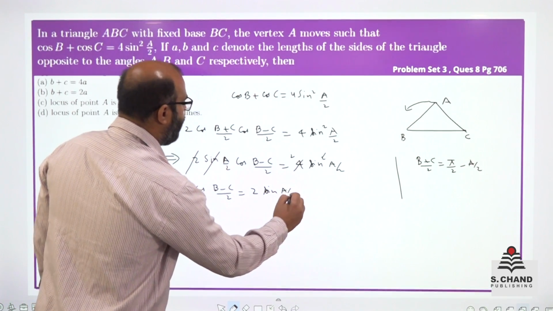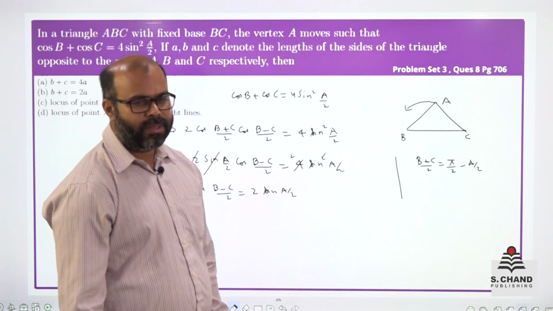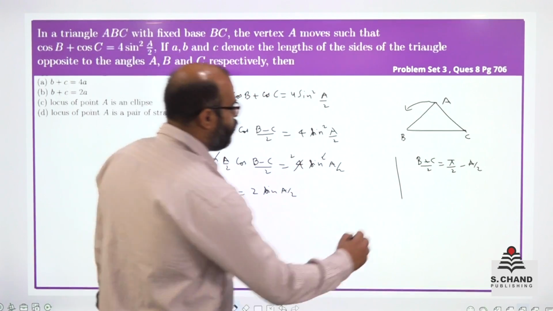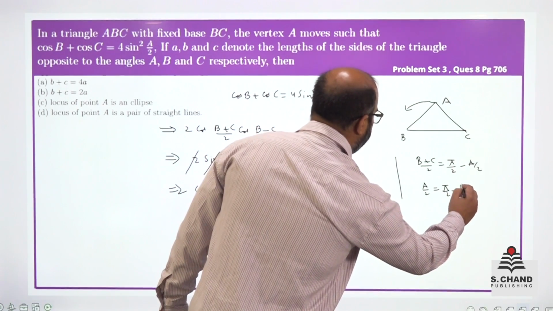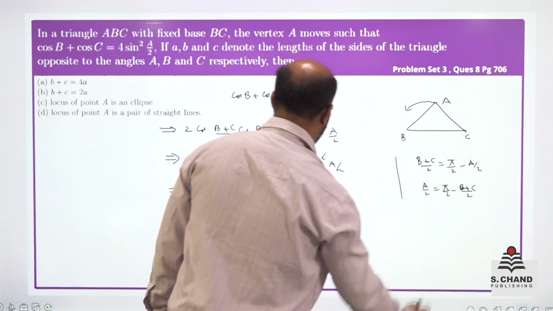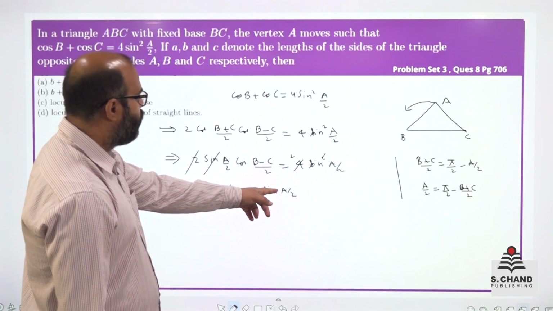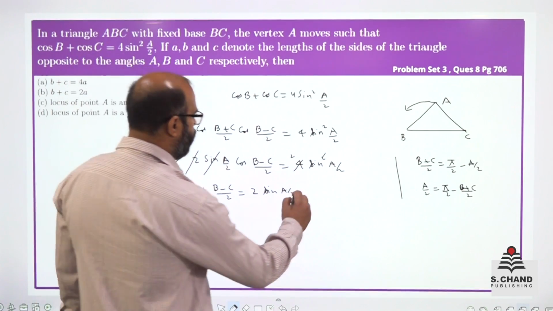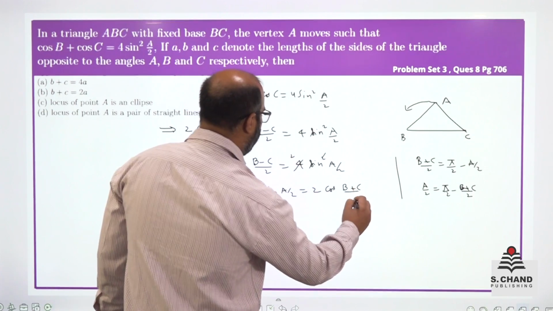Now what is sin A by 2? Again, A by 2 is pi by 2 minus (B plus C)/2, so sin A by 2 will become cos of (B plus C)/2. So this is 2 cos of (B plus C)/2.